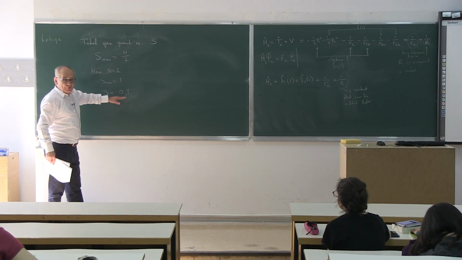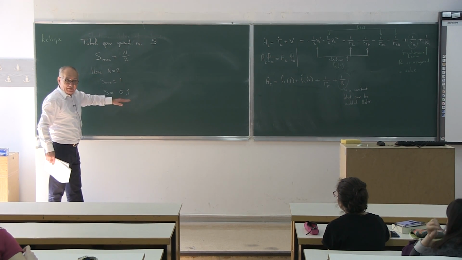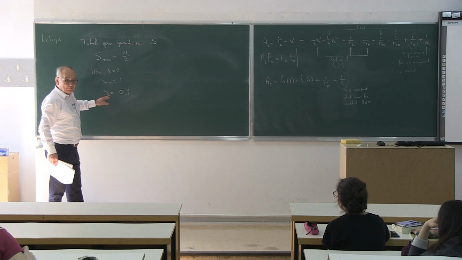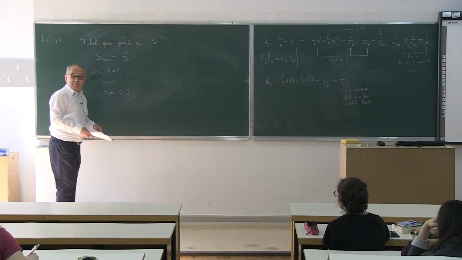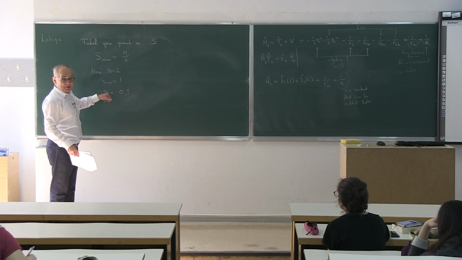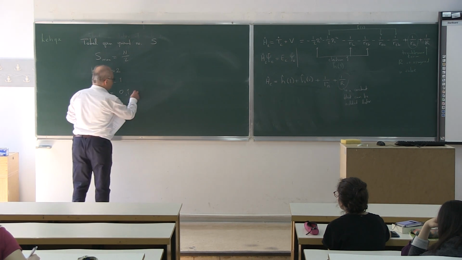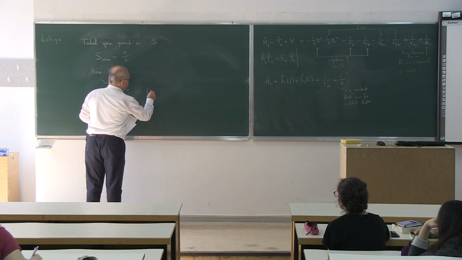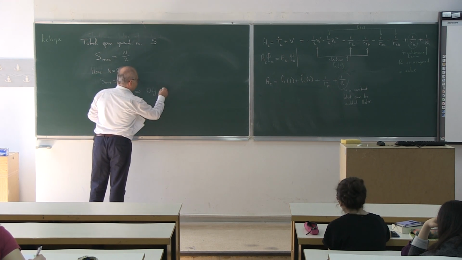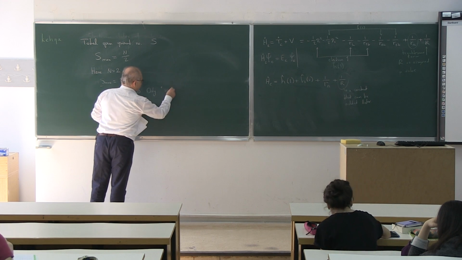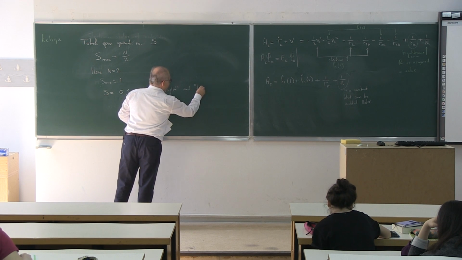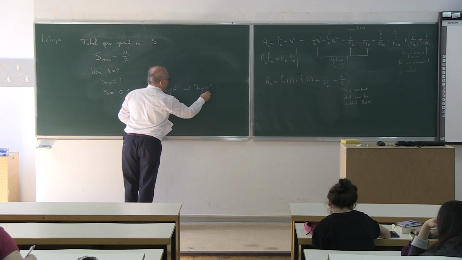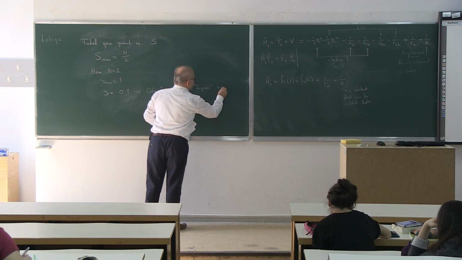And these are the only two total spin quantum numbers for S in the H2 molecule. So what are the spin multiplicities? Spin multiplicity means 2 times S plus 1. Only singlet and triplet spin multiplicities.